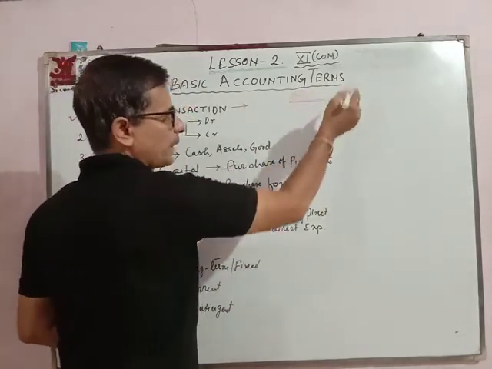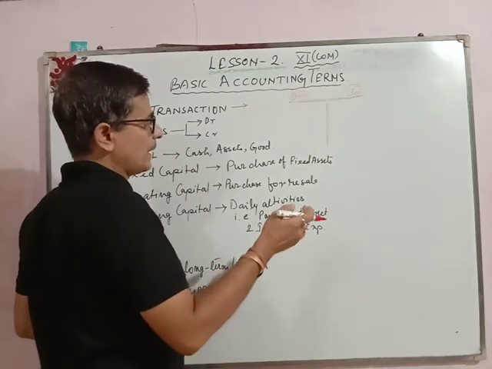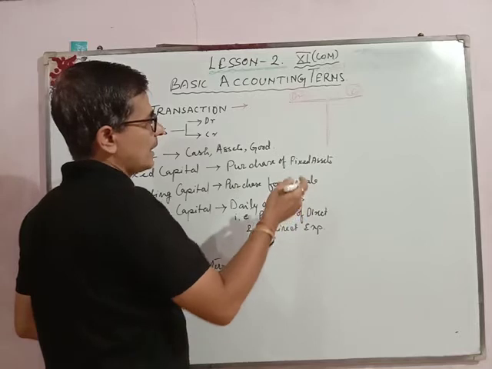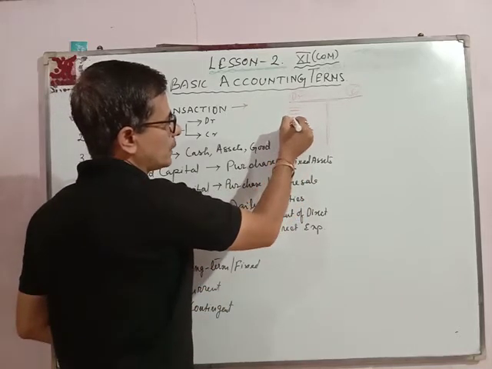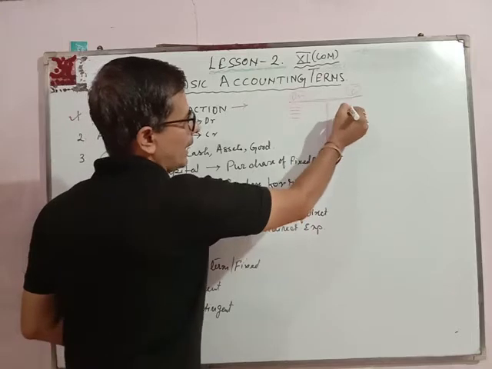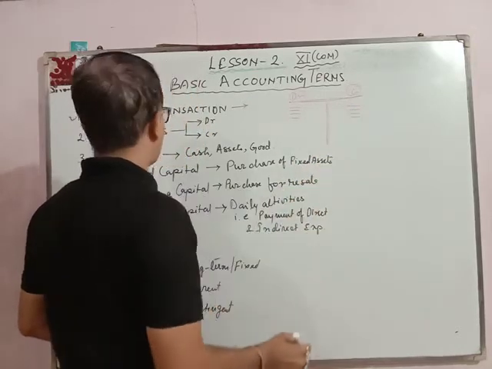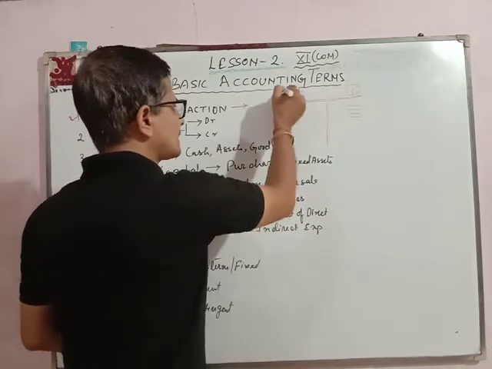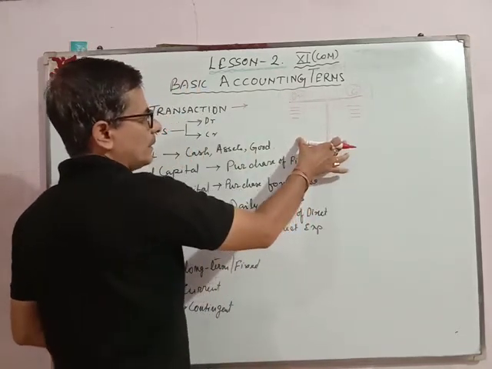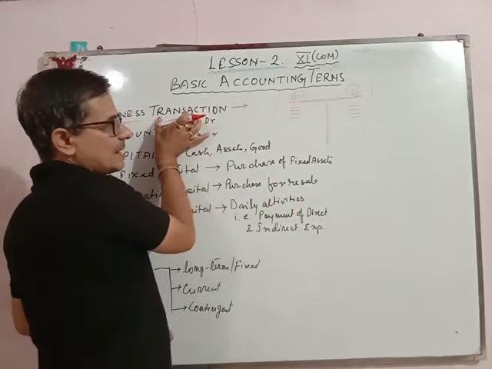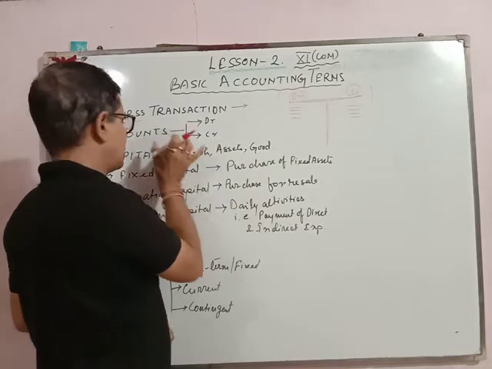There are types of accounts and rules given for every account, and following those we will learn what entries we need to make on the debit side and what entries we need to make on the credit side. In this format, we keep the record of the business transactions. So this is what is known as accounts.